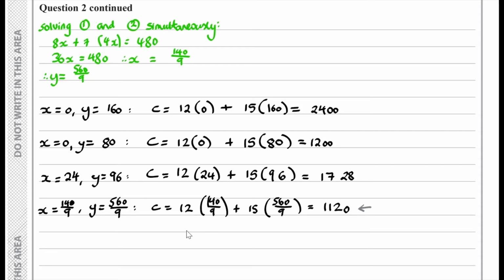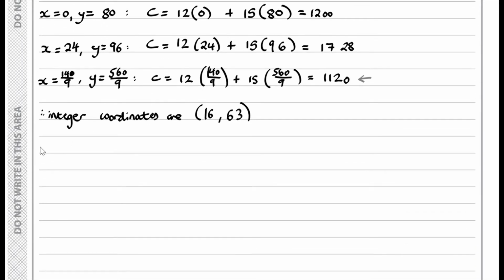And therefore, in terms of integer coordinates, you'd find the integer coordinates to be 16, 63, and therefore you'd find we need to buy 16 pens and 63 pencils.